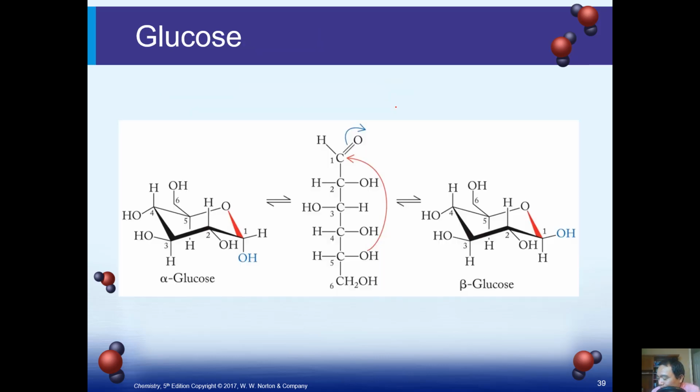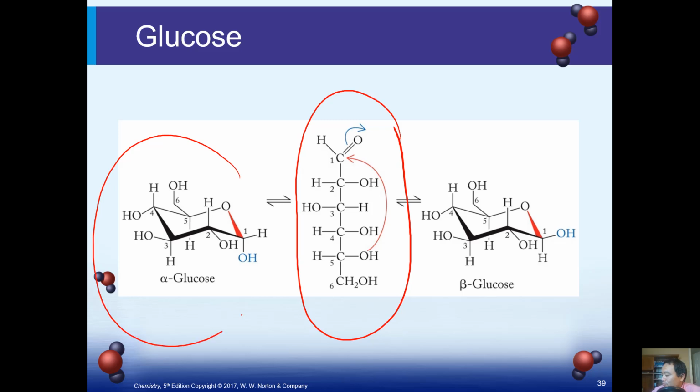Here's a structure of alpha glucose. In this alpha glucose, you have the open form and the cyclic form. I'm going to explain a little bit to you why the left side is called alpha glucose. The right side is called beta glucose. Alpha or beta is comparing this carbon 1 OH with the carbon.